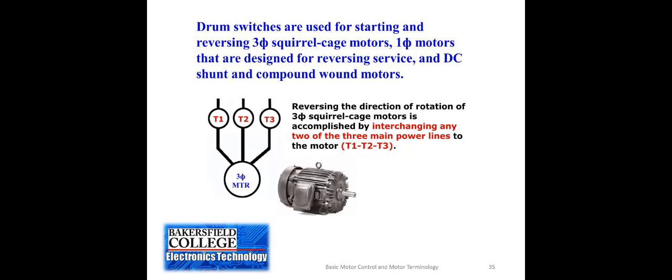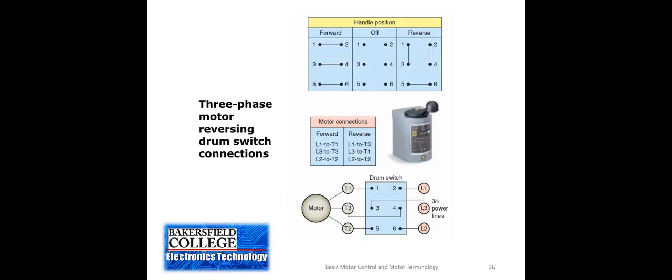But we can also wire drum switches for single-phase motors or DC motors to reverse their direction as well. There are several layouts of the contacts in a drum switch. So you need to replace a bad drum switch with one that has the same internal configurations.